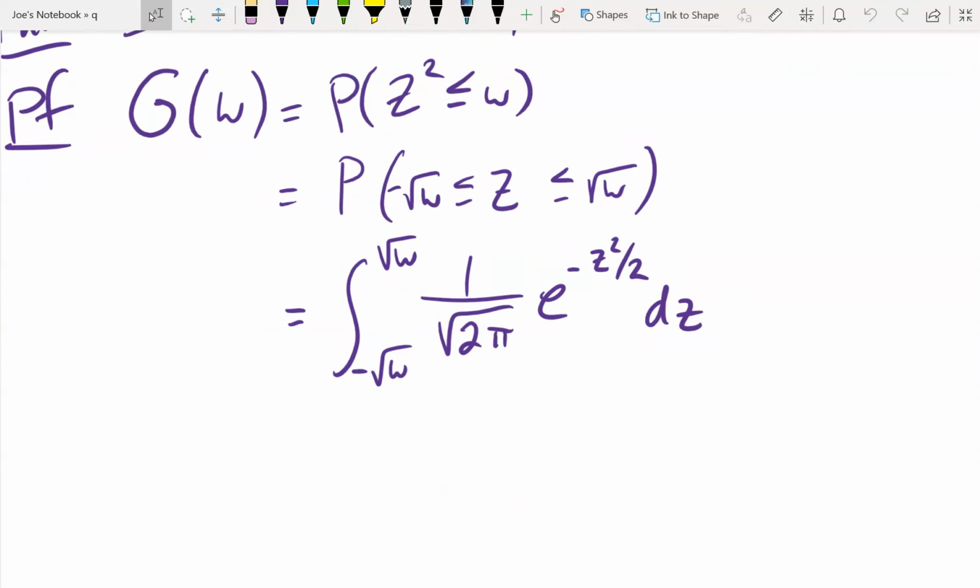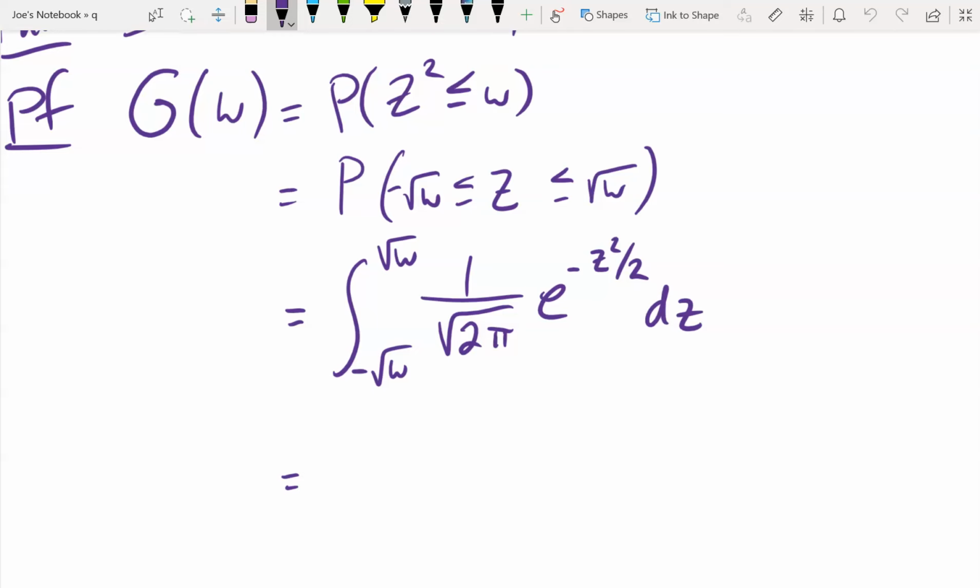All right, so that would be how we would calculate that, correct? We agree? Okay. No, this function is symmetric about the y-axis. It's an even function, right? If I plug in negative z, I'll get the same thing as if I plug in z. This interval is also symmetric about the y-axis.